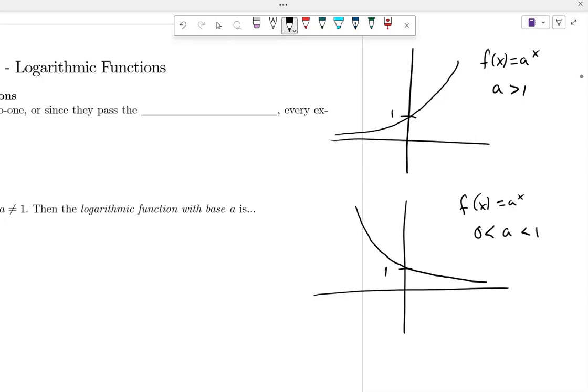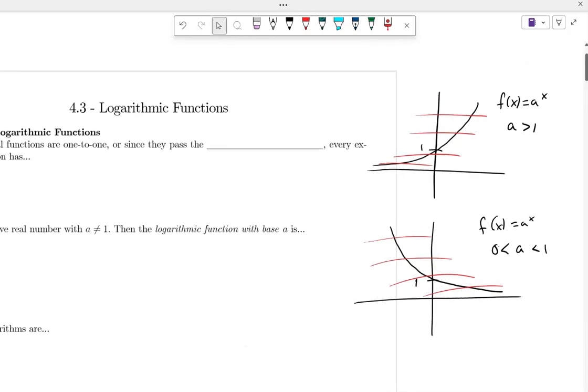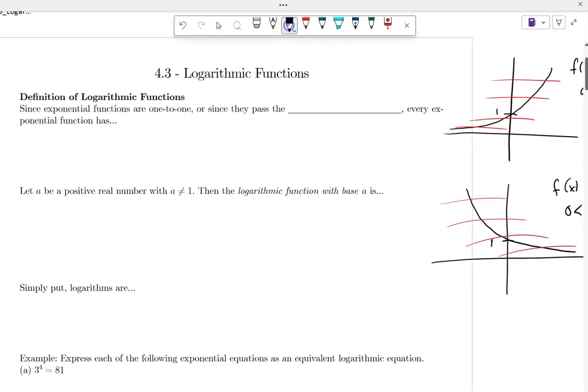But what do we notice? If I look at the graph and take horizontal lines, how many times do those horizontal lines cross? Just once, right? Remember that was our test for being one-to-one. So that was our horizontal line test. And what did we use that for? If it passed the horizontal line test, if it was one-to-one, what other function could we find?